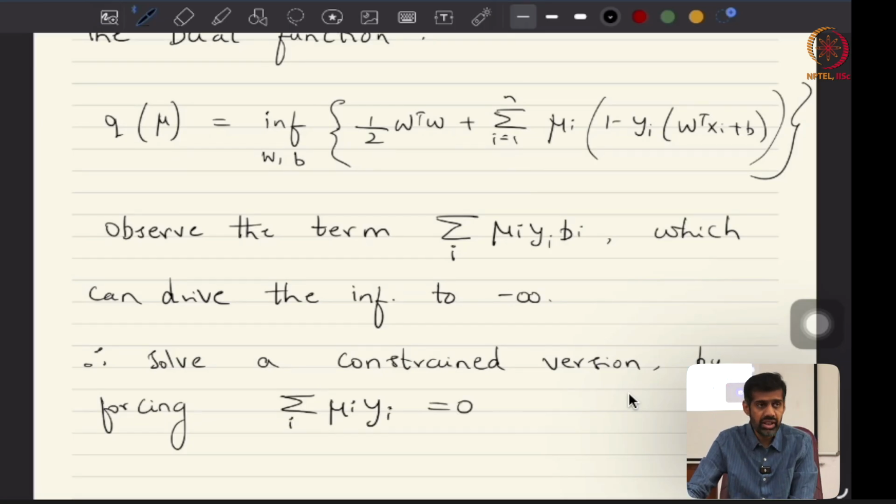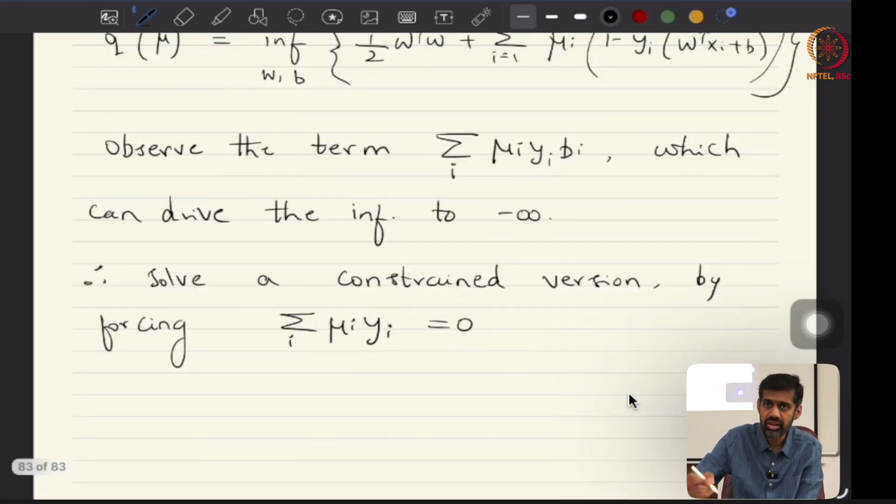If we drive this to be 0, then you cannot choose a b such that this problem has a solution that goes to minus infinity. You are making it bounded. So to obtain the dual problem, we not only solve the infimum problem, but we solve it with a constraint that this sum goes to 0.